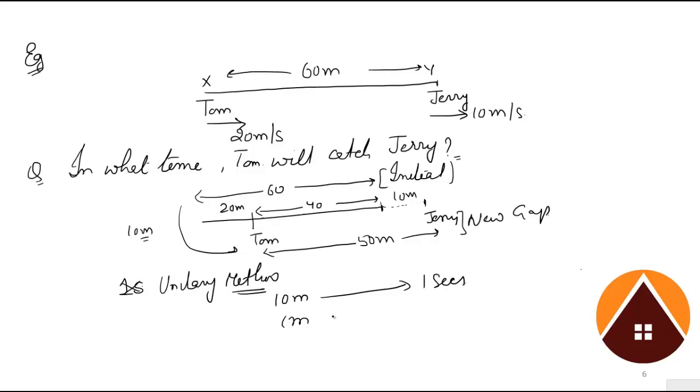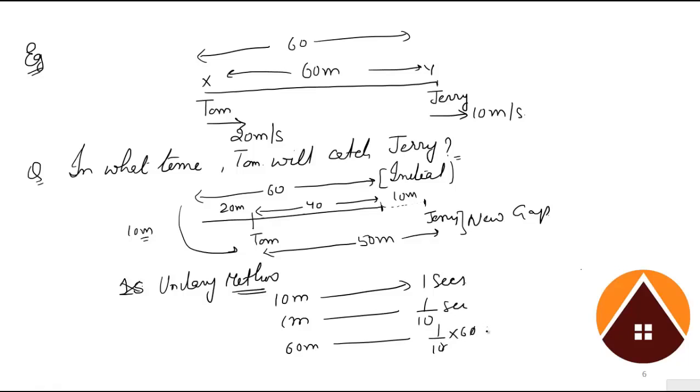So 1 meter will be reduced in 1 by 10 seconds. And what is the gap to be reduced? The total gap is 60 meter, which has to be reduced. So 60 meter will be reduced in 1 by 10 into 60. That comes out to be 6 seconds. So when the gap of 60 meter totally gets reduced, Tom is going to catch Jerry because they are going to meet at one point. So my answer will be 6 seconds.